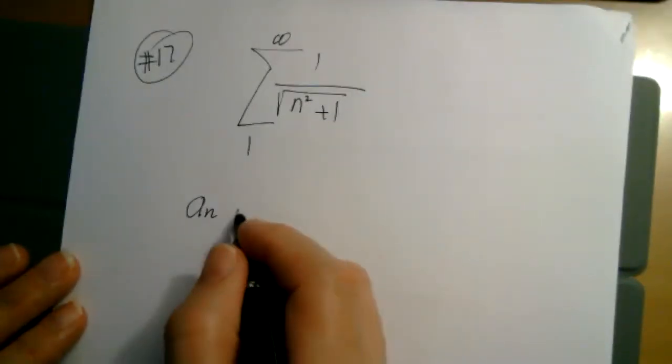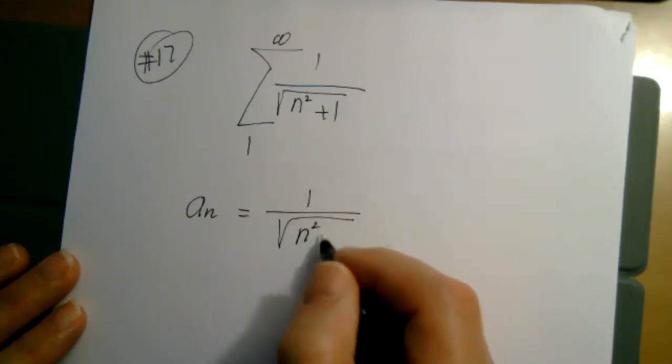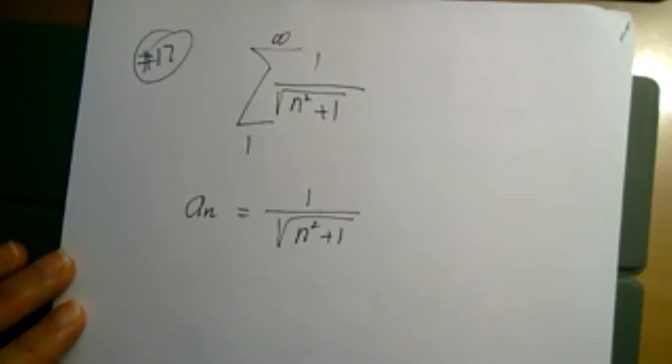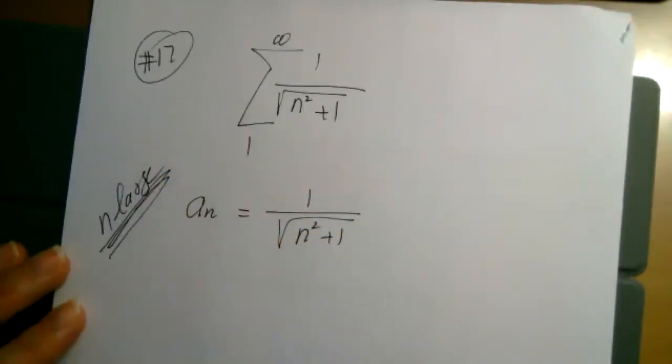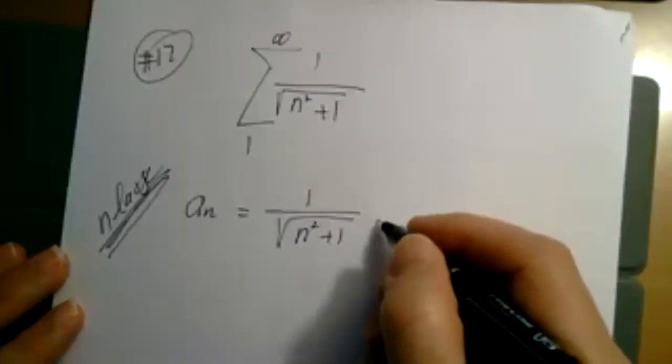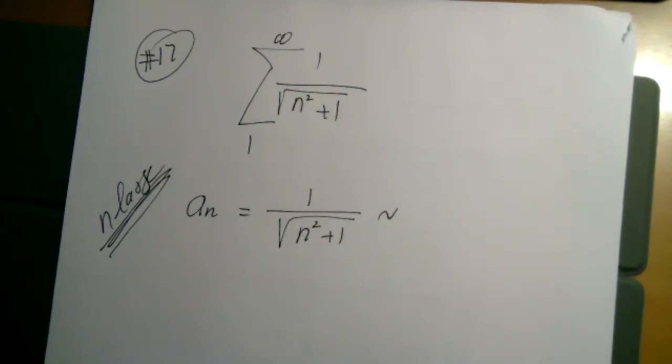And I ask myself, when n is large, and that's crucial, not for every value of n, only when n is large, this behaves like what? All right? Who would like to tell me? I want somebody to answer. 1 over n, I'm getting one answer. Anybody else? So how are we going to think about it?